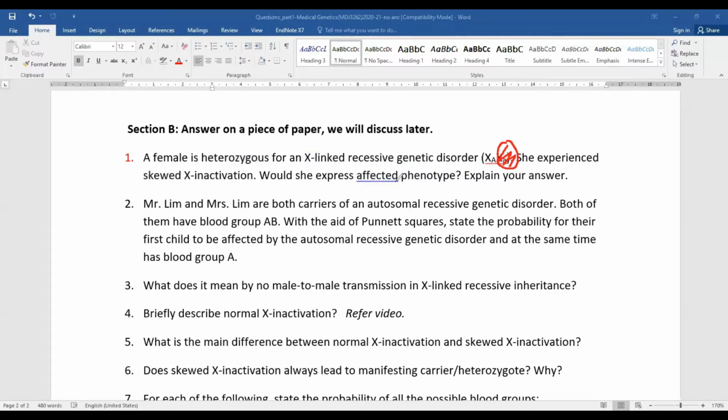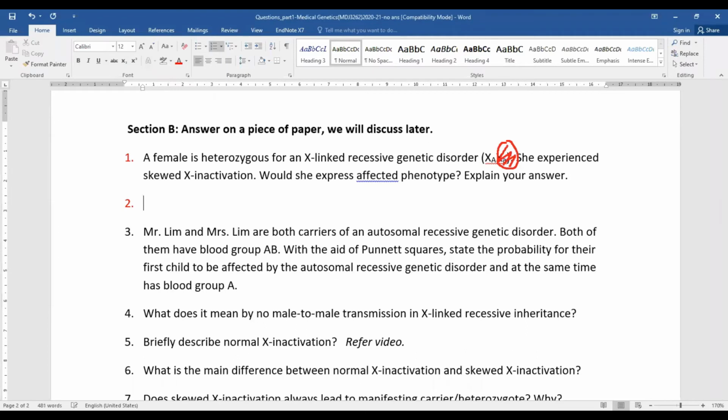So when you answer, you have to tell people that although she is heterozygous, and there is a keyword, X inactivation, she may or may not show affected phenotype because it depends on which X chromosome is being preferentially inactivated. So the key thing is preferentially inactivated.